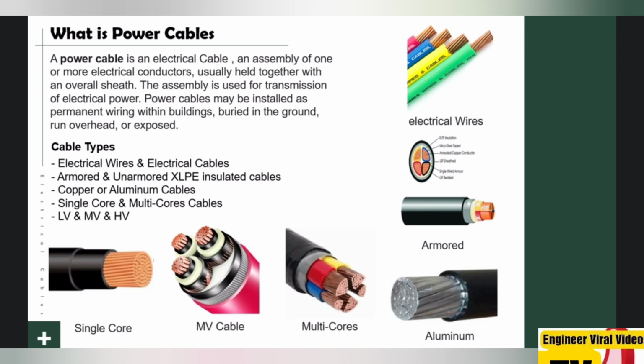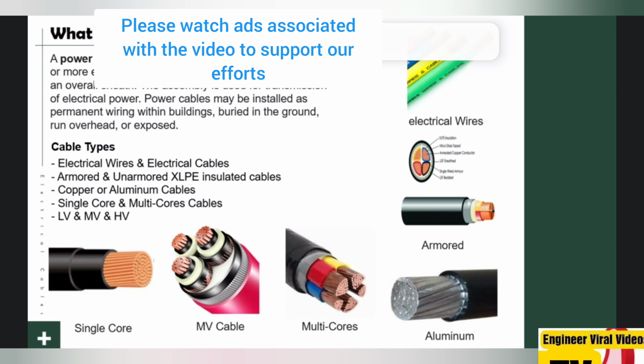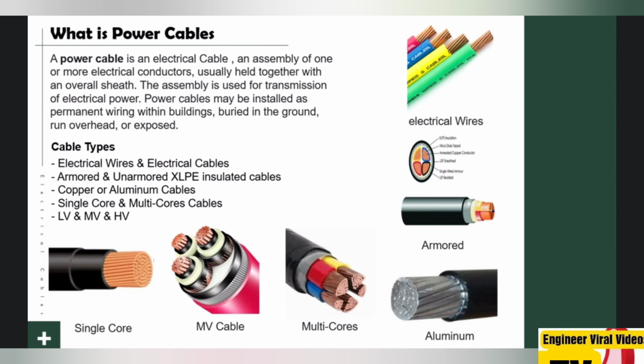Here I can divide the main types of cable into electrical wires and electrical cables, or I can divide them into unarmored cables and armored cables, including XLPE insulated cables.